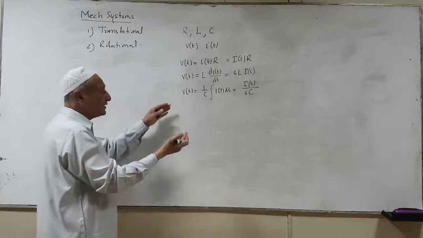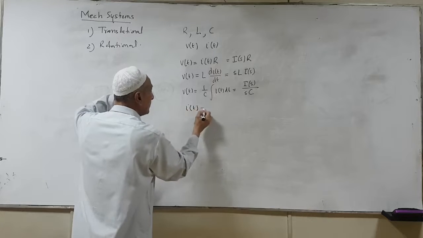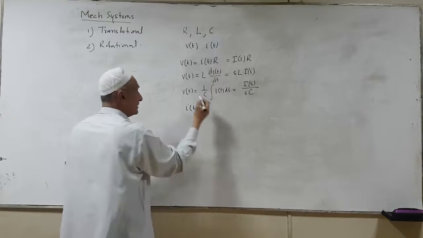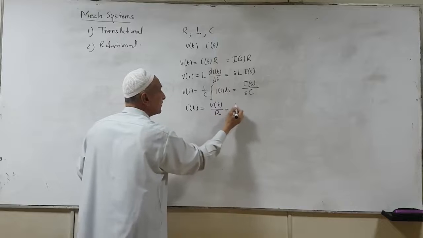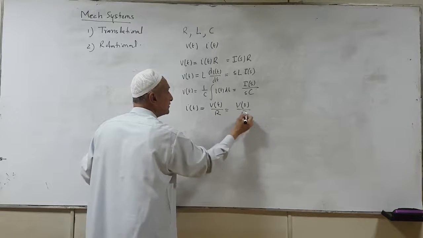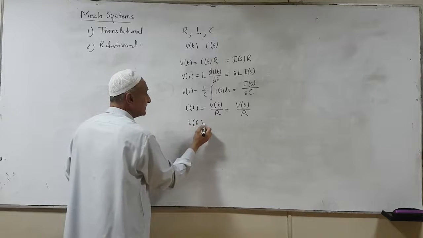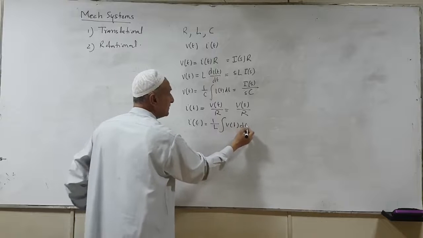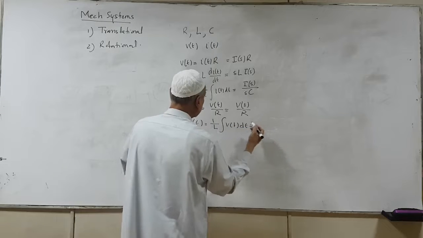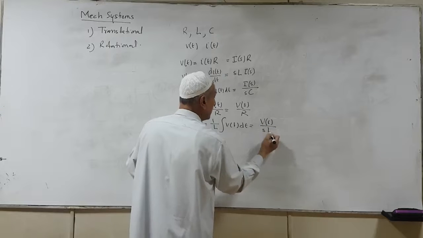Now we can reform these governing equations in terms of current as well. For the resistance, we simply have v(t) over R, and the corresponding Laplace transform would be this one. For the inductor, we have i(t) equal to 1 over L integral v(t) dt, or the corresponding Laplace transform would be V(s) over sL.